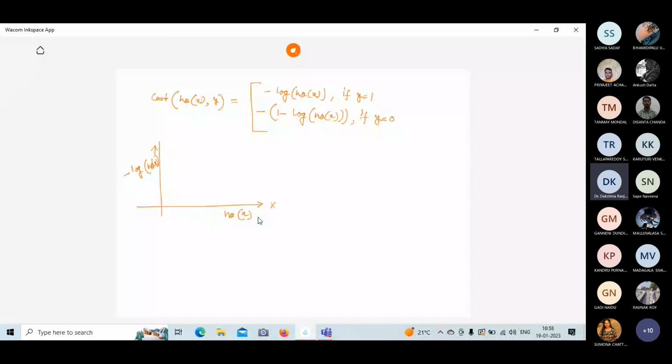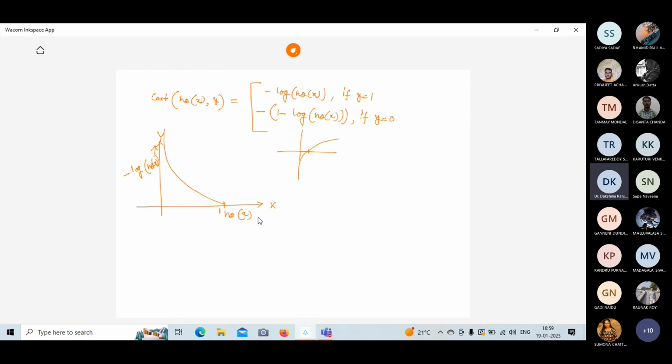This is the x-axis, this is the y-axis. Now, how will these functions be plotted over here? If we get y equals to 1, let's say this is our 1. At this point, we will get a curve like this for minus log of h theta x. And for plus log of h theta x, we get the curve like this.